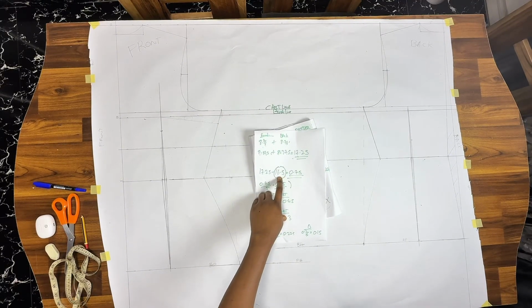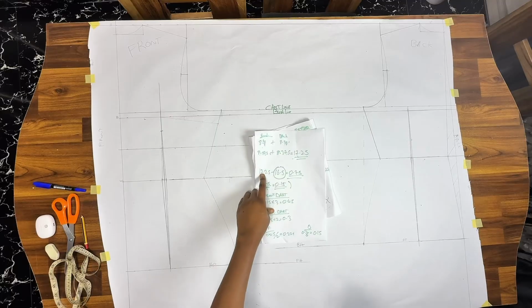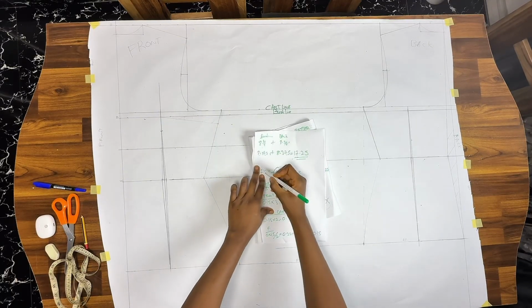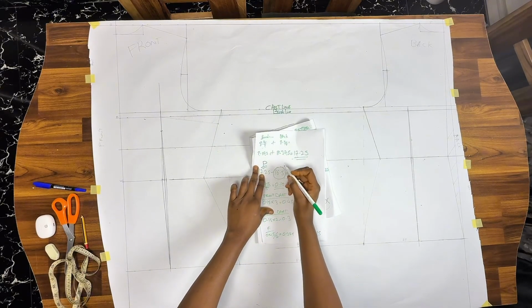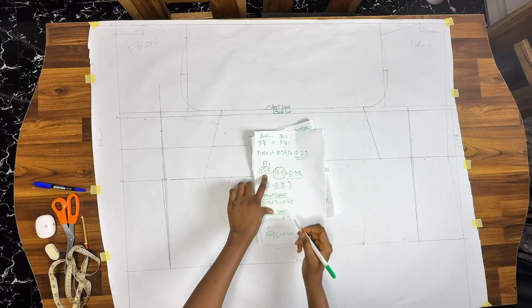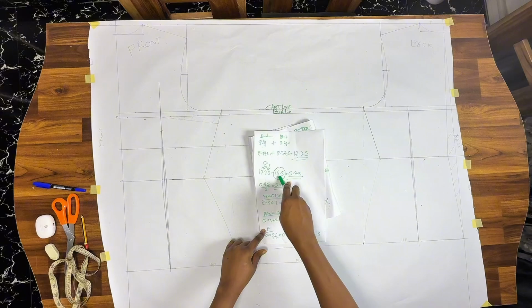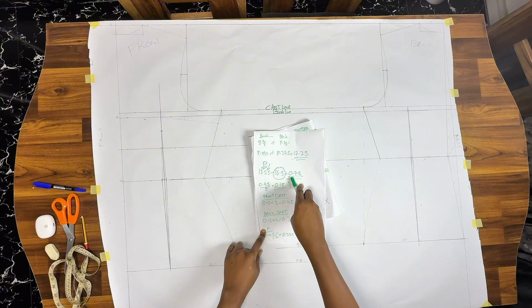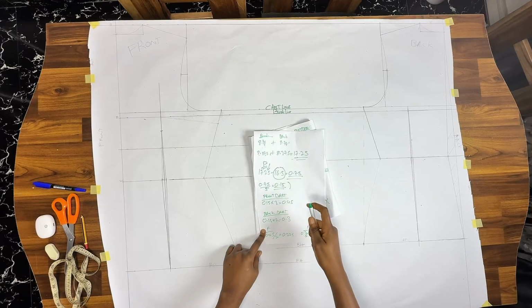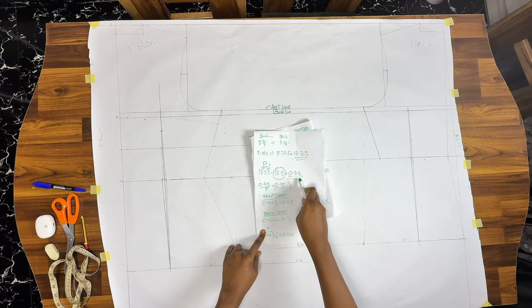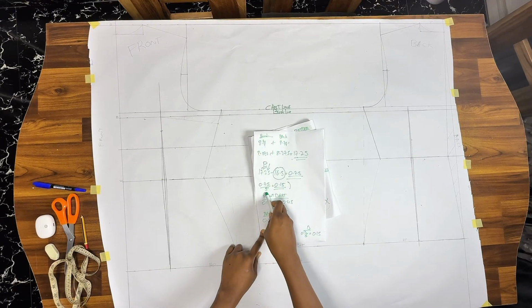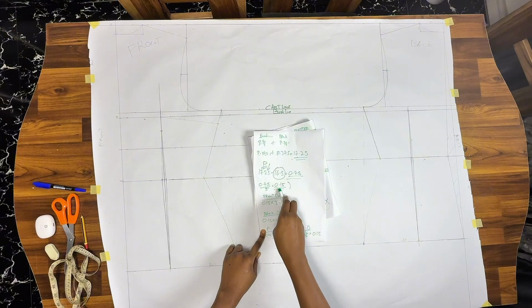So this was what I got on my own body measurement, and this is what I got on the pattern. What I got on the pattern minus this gave me this 0.75 that you are seeing here. I divided it by 5, which gave me 0.15.